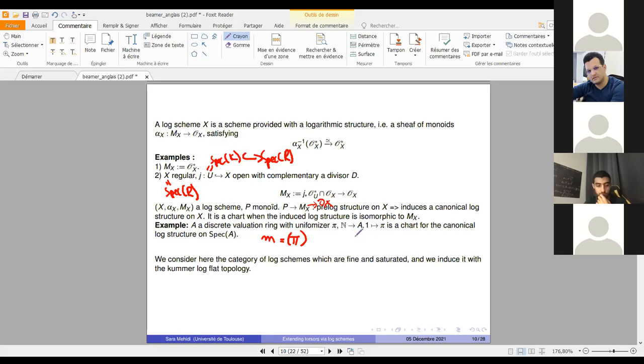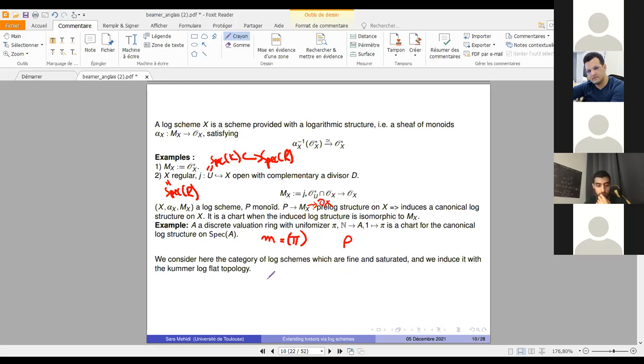Now, I will consider in my work log schemes which are fine and saturated, which means that these are log schemes which are modeled on charts, so on monoids P, that are fine and saturated. I'm not going into details here, but this is important for me as we will see later. And I can endow the category of log schemes with a topology which is called the Kummer log flat topology.